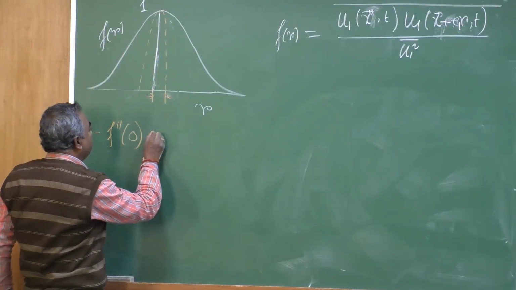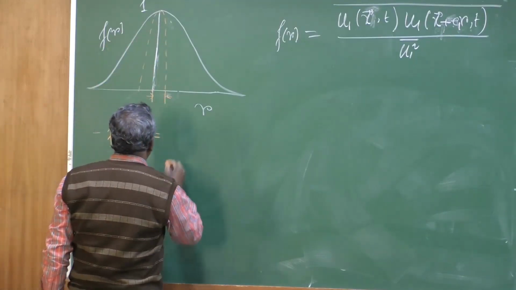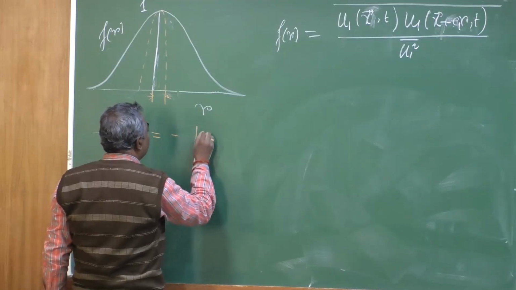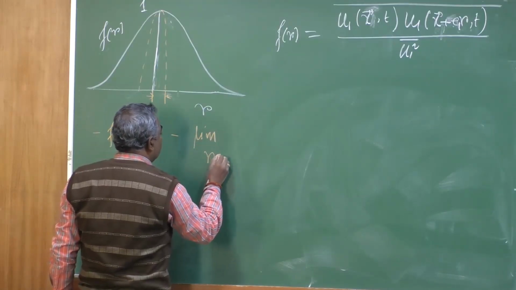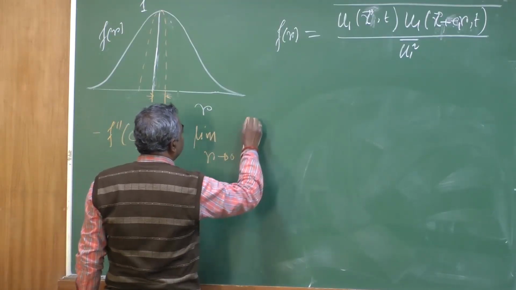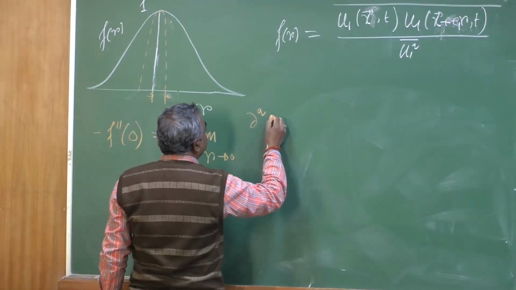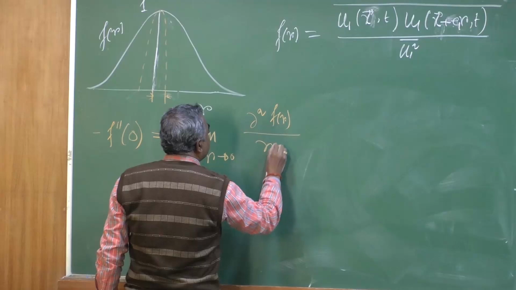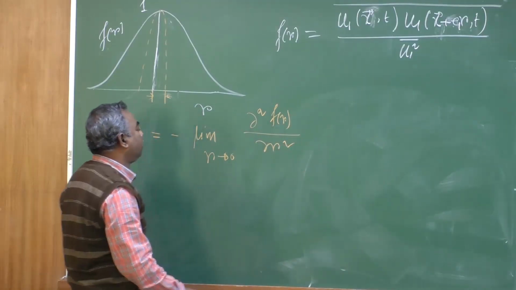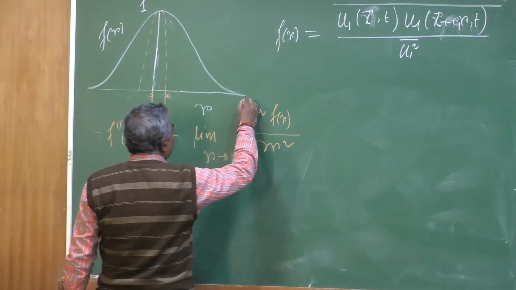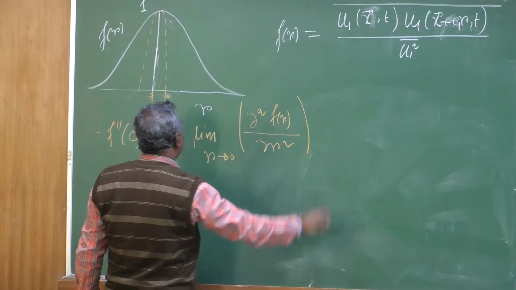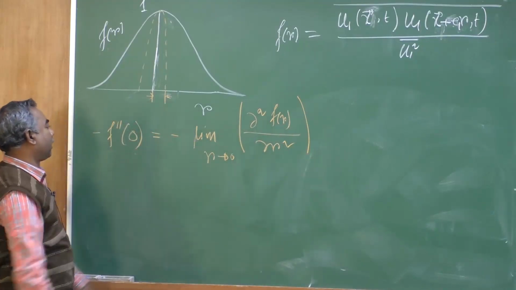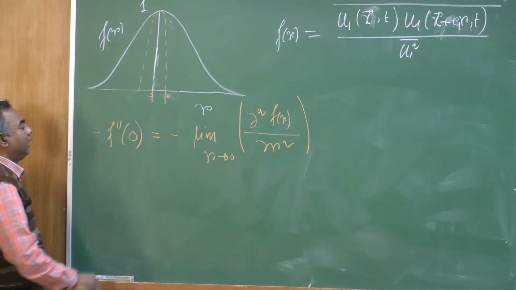This can be written, by definition, as minus the limit r tends to 0 of the second derivative of f(r) with respect to r squared.